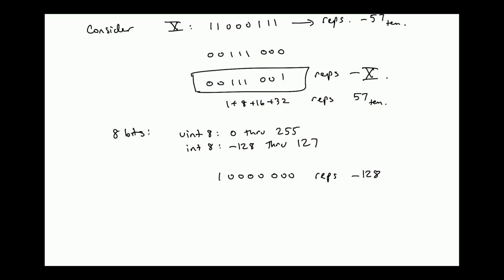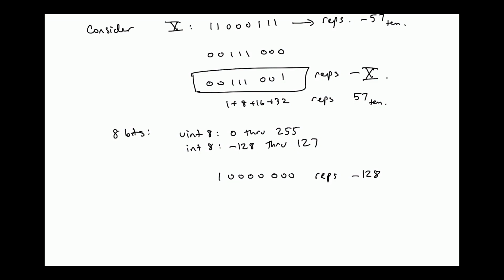Now, every number that exceeds the range is really equivalent to the remainder upon division by 256. Well, what's the remainder upon division of negative 256 by 256? 0. So negative 128 plus itself equals 0.